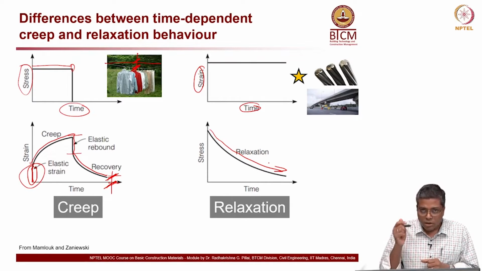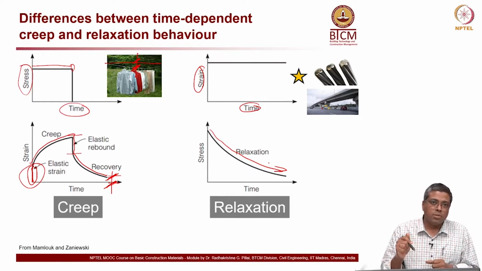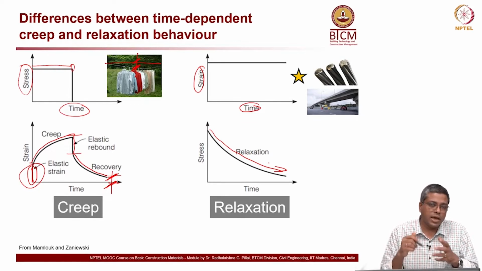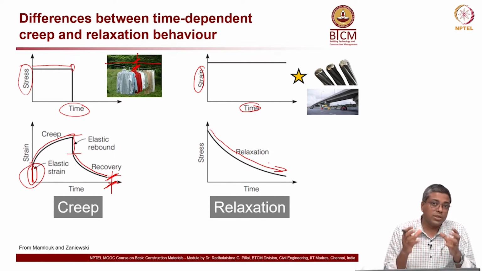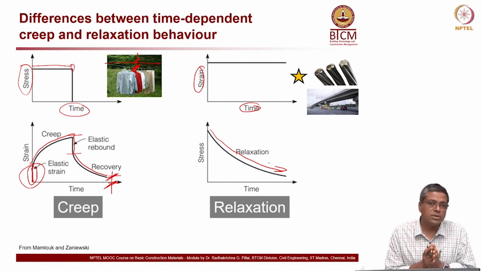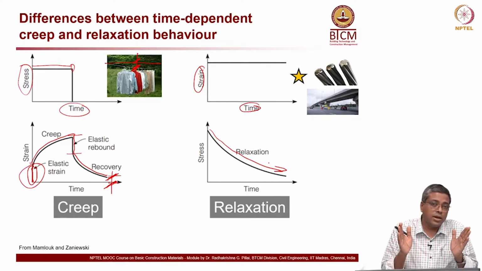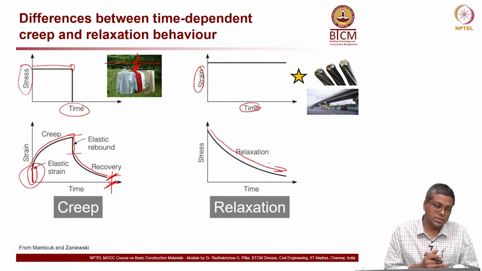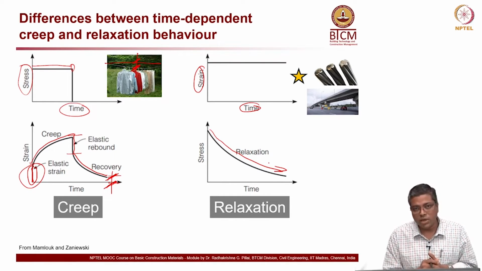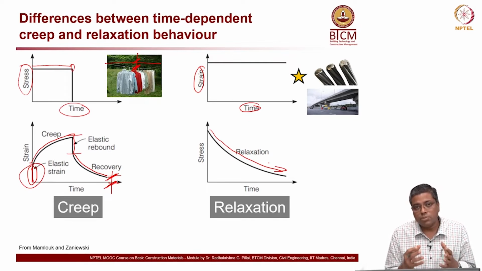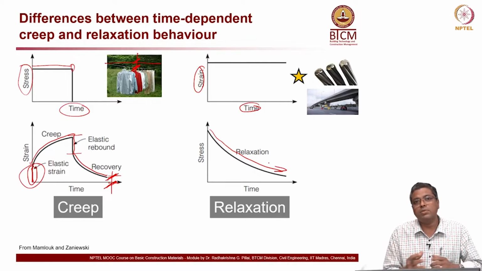Now strain is constant, but if there is a realignment or some changes happening within the material of the strand or steel, then it will lose stress, and if it loses stress, then we can say the strand has relaxed, and it will not be able to provide the same stress as it was giving in the beginning. And when that happens, the pre-stressed concrete's capacity will reduce.